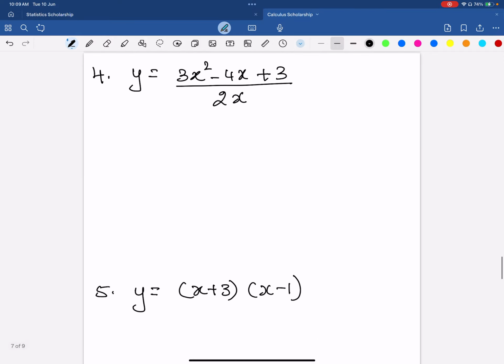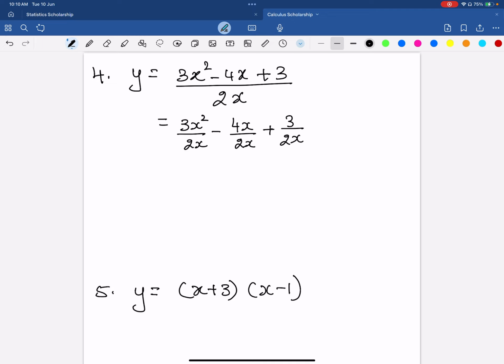Now, the next question that I have here is something divided by 2x. Always think simple. Think, how do I simplify this? The easiest way is 3x squared divided by 2x, minus 4x divided by 2x, plus 3 divided by 2x. Make sense?